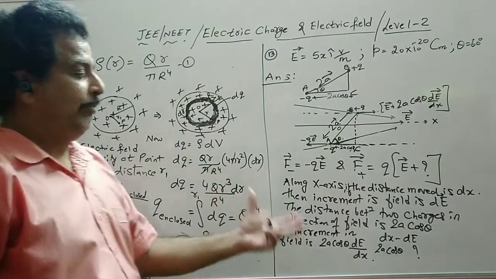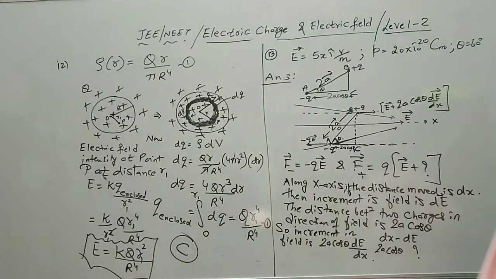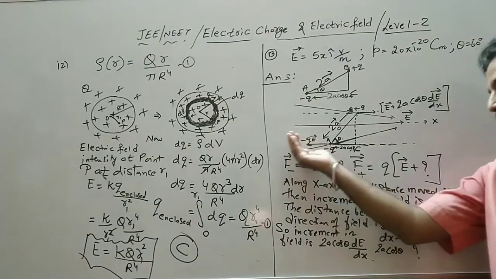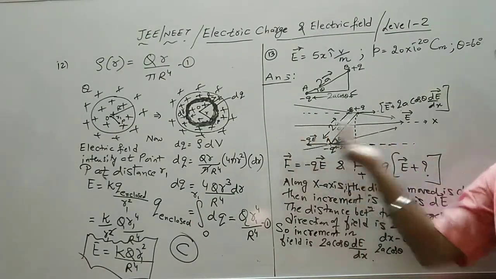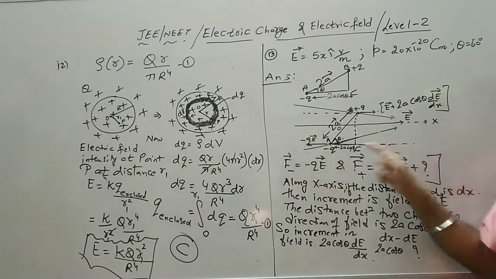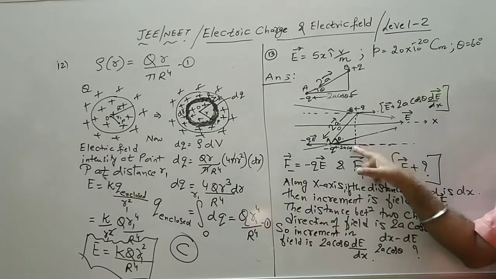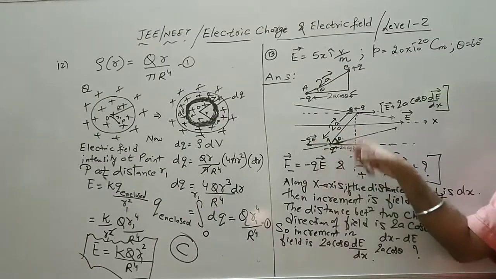So this is how we find out the change in the electric field intensity. So if I move along the x-axis, that means in the direction of the field I have moved from point A to C. So the field value at this is more than this, that is E plus something.